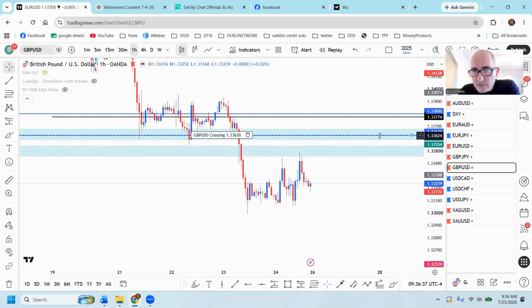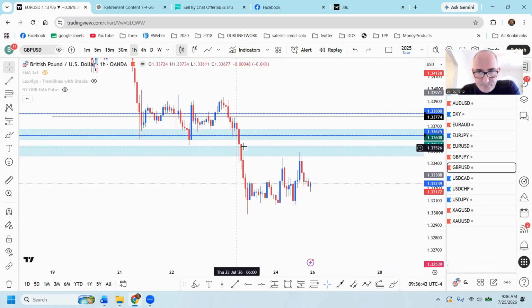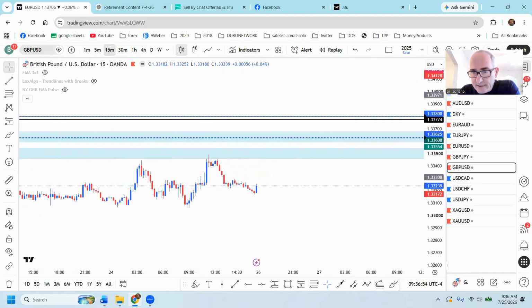And we have our alert set here on, looks like 1.33630, right? So that's where our alert is set. Once that gets hit and we get an alert, the alert goes off again, we drop down to the 15-minute time frame. And again, this is for a sell position.